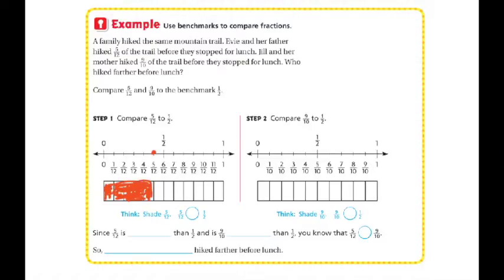Okay, and so I can tell just by looking at this that 5/12 is actually less than 1/2. So I'm going to write less, and you see I have my symbol.